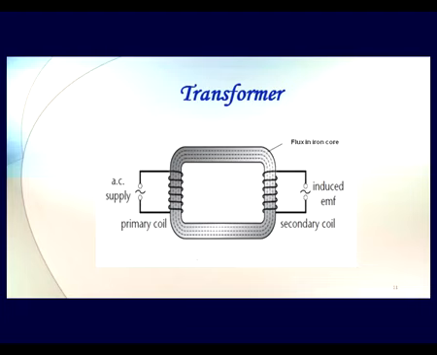We have AC current passing through the primary coil, through an iron core around which these coils are wound. We can induce EMF in the secondary coil, and depending on how many turns of primary coil and how many turns of secondary coil there are, we get the output that is induced at the output of the transformer.